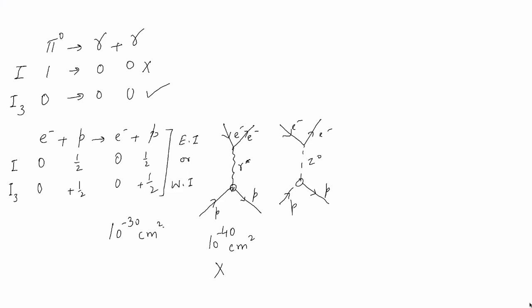Similarly, in the addition of angular momenta, you talk about the addition of different quantities. We have talked about two spin half particles. Now, instead of that, if I talk about proton, which has isotopic spin half whose projection is plus half, and isotopic spin half whose projection is minus half.